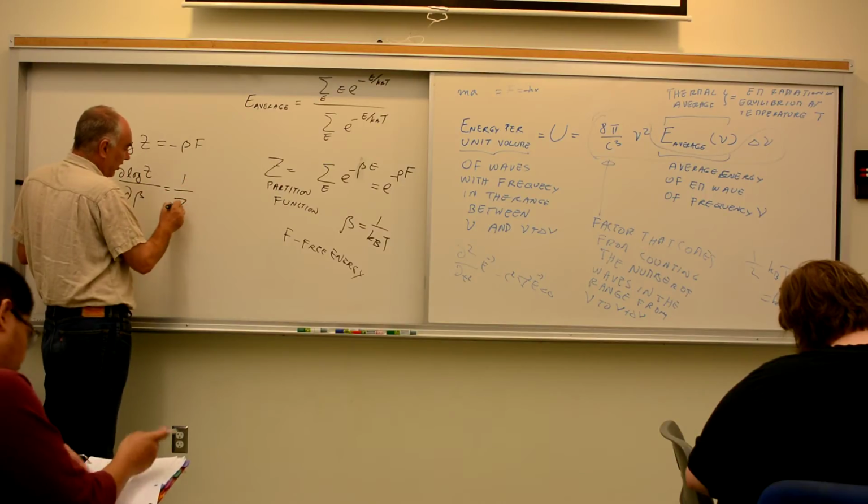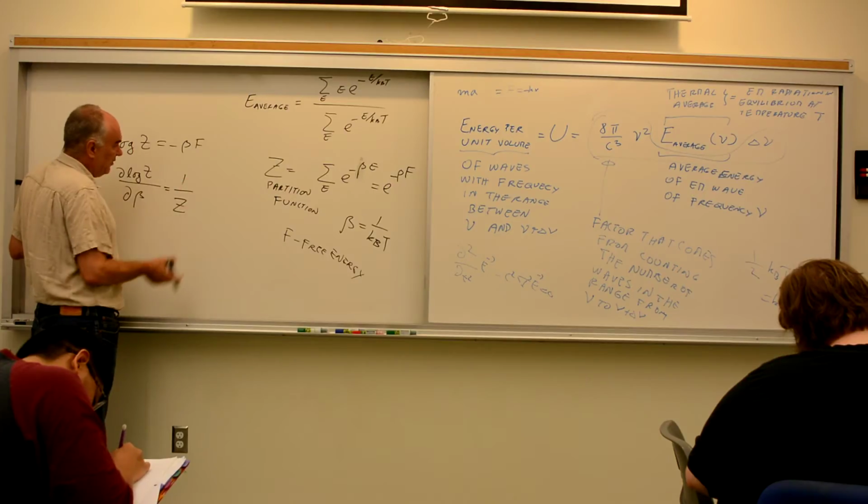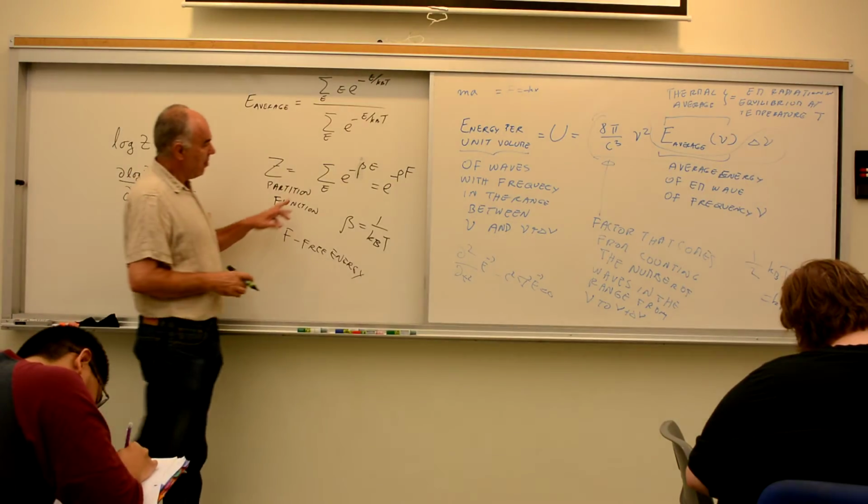You get 1 over Z, and then you have a derivative of Z with respect to beta.